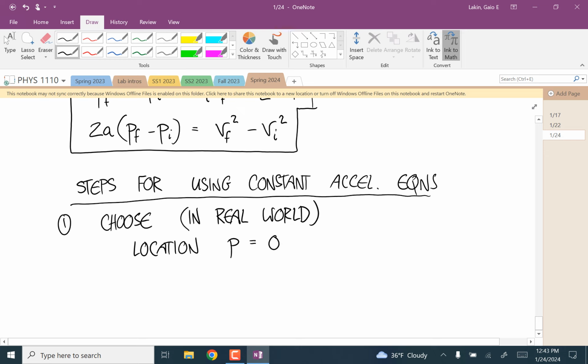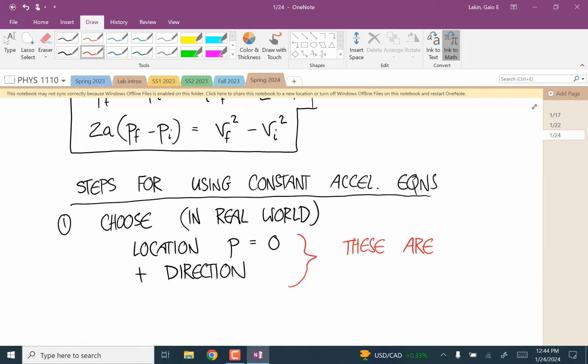And you're going to choose a positive direction. And a key thing to remember here is that these are totally up to you. You can make any choice you want of these 2 things and do the problem right. Sometimes certain choices make a problem easier or harder, but any choice will work.